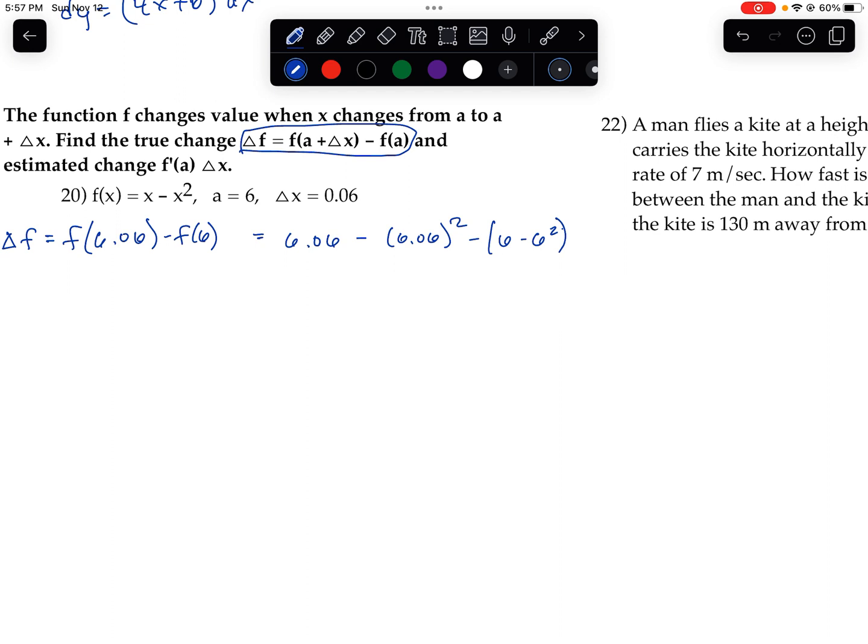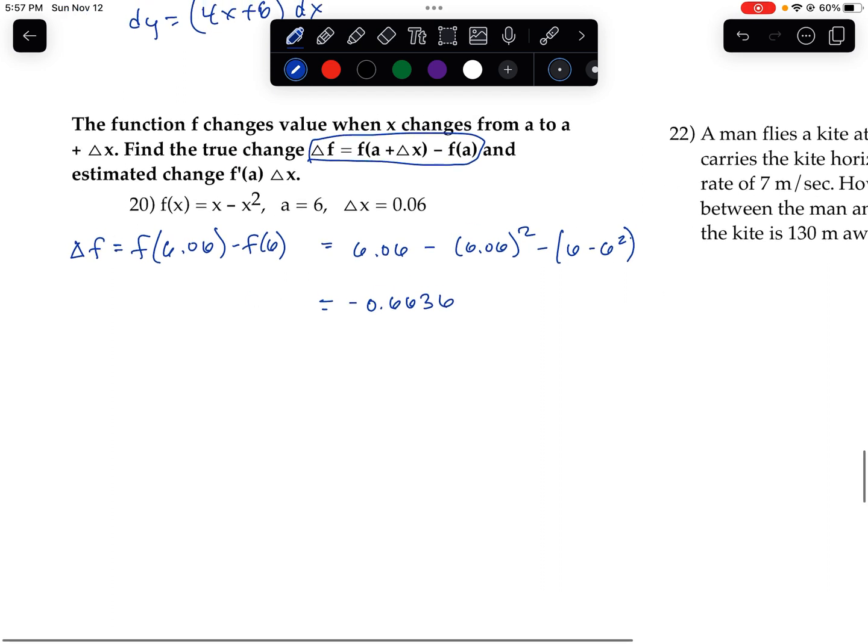And then I'm going to subtract 6 minus 36. And I'm going to get negative 0.6636. So this is the true change.